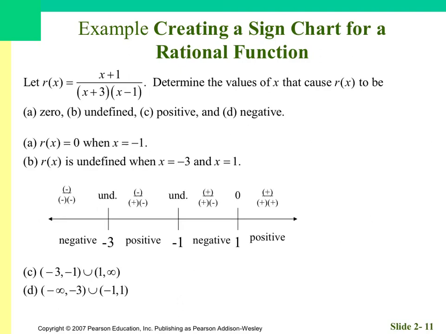We got the 0, undefined at negative 3 and 1. Negative 3, negative 1, and then 1 to infinity. Yep, looks like we did it right. If you're not sure, guys, ask me about this one tomorrow. Have me do it in class as well, okay?